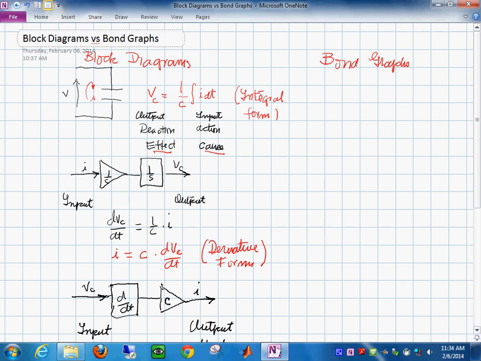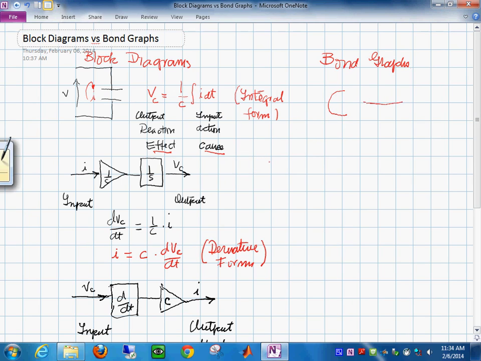This very same concept can now be used with a different notation, and in this notation we create an interesting symbol. This is the C element, and I'm going to put a horizontal line in here.